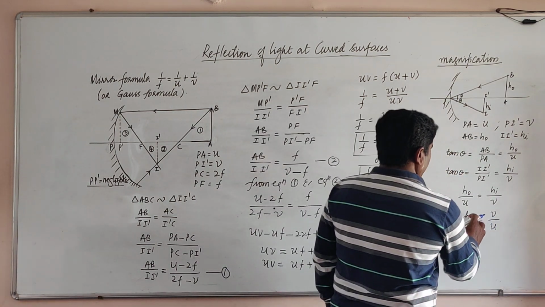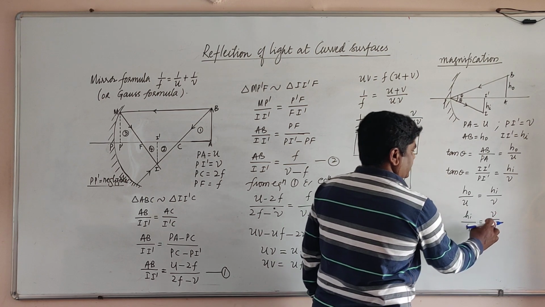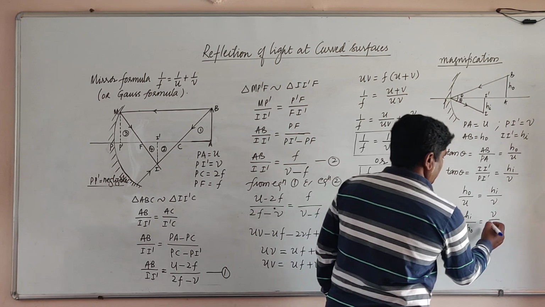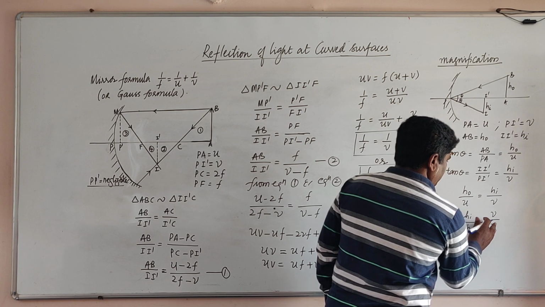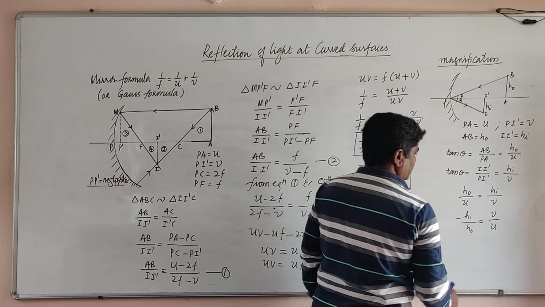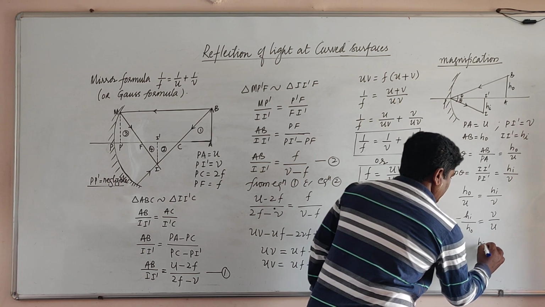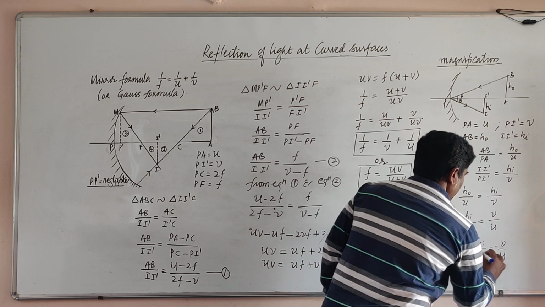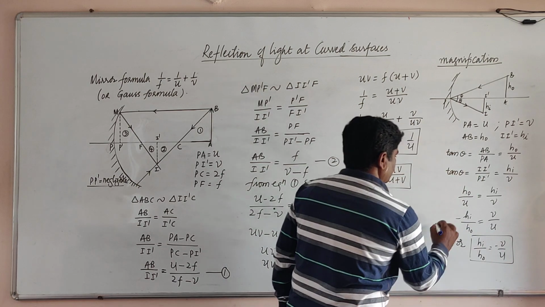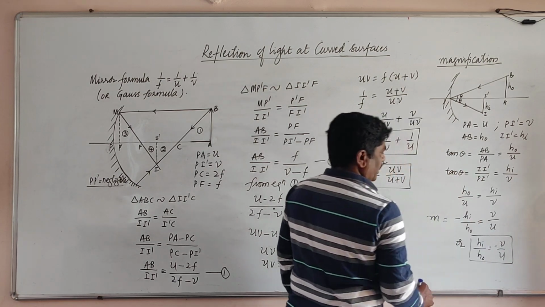So height of the image by height of the object, or else the image distance by object distance. But by applying the sign convention, we can write this is minus, so HI by H naught is nothing but minus V by U. This is nothing but magnification of the concave mirror.